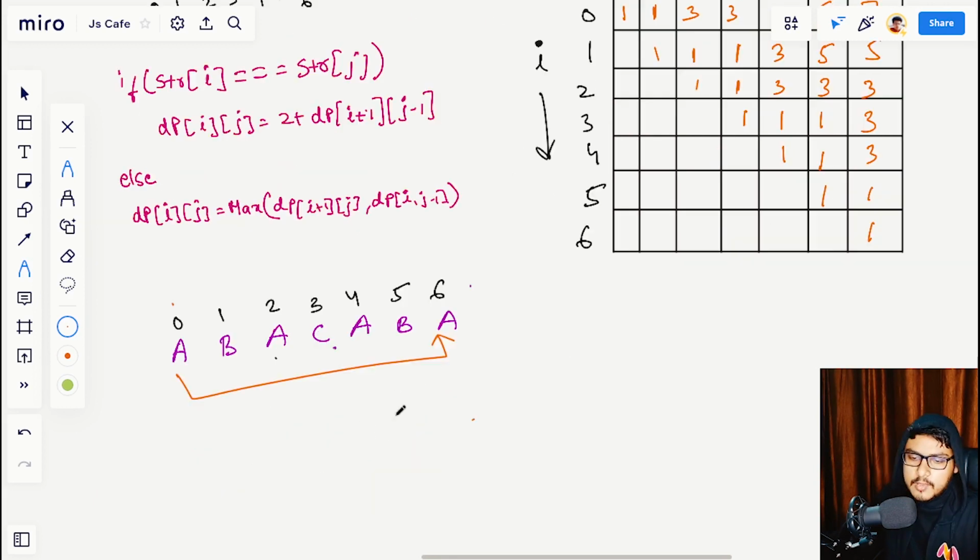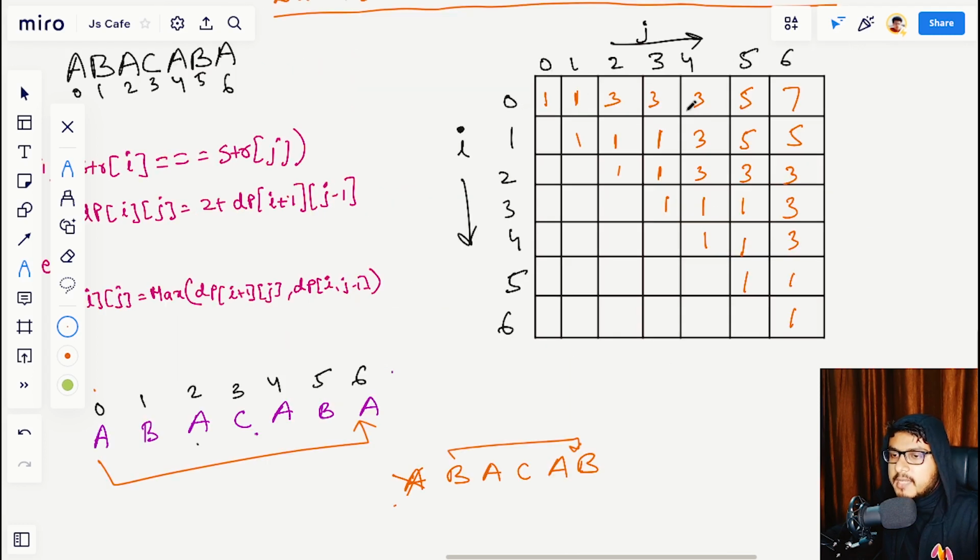The string from index 0 to index 5 is A, B, A, C, A, B. We can see that if we remove A from this index, then this becomes a palindrome of length 5. 1, 2, 3, 4, 5, BAC, AB.